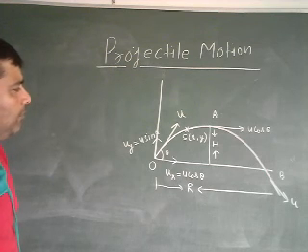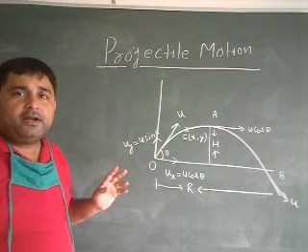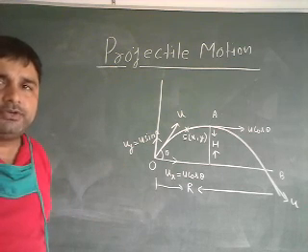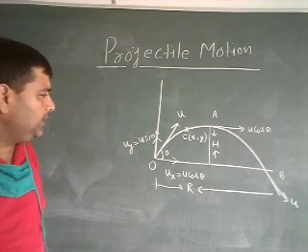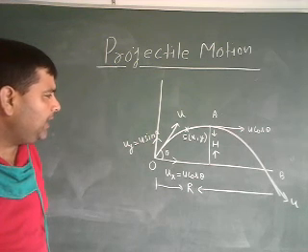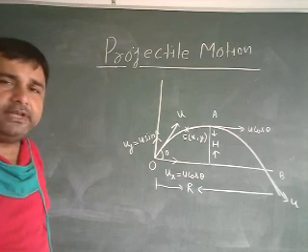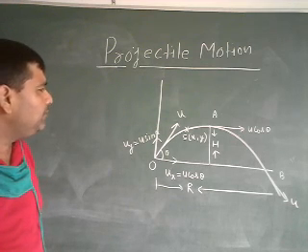The body is under two types of motion. First, its horizontal motion, which is denoted by OB, and second, its vertical motion.